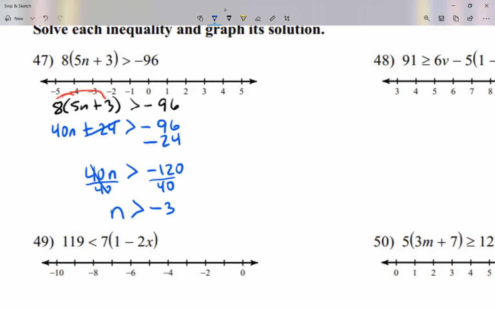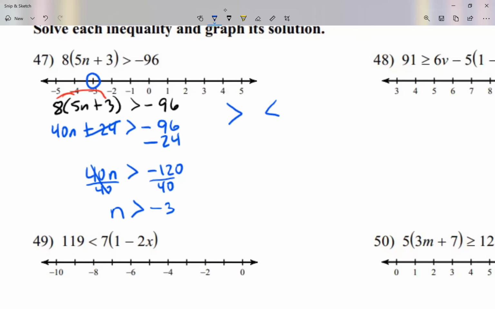If I just have to solve it, that's it. n is greater than negative 3. If I have to graph it, let me circle my negative 3. It's going to be an open circle because, remember, when I get just the greater than or less than, just the inequality, I get an open circle.